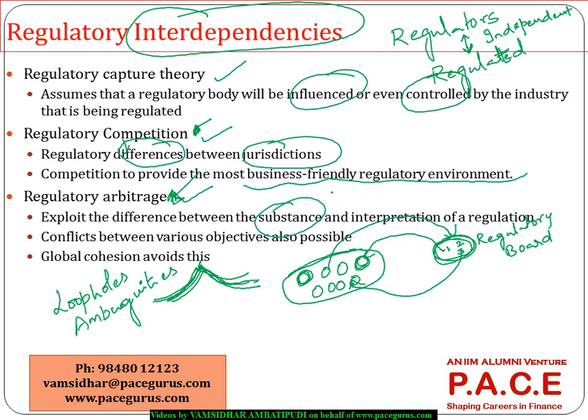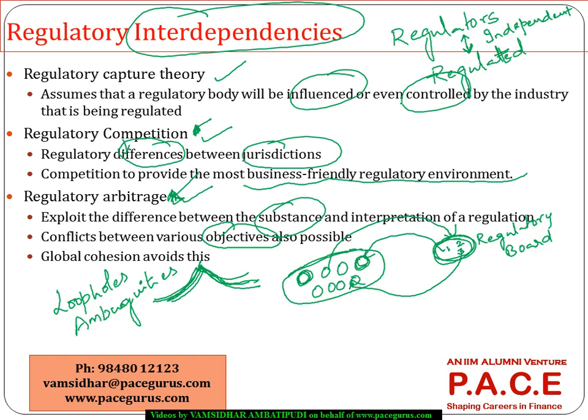What is written as a part of the regulation and what is interpreted out of it, people try to take advantage of. And in some cases, people try to use the regulation where it is more and more liberal, especially if there is a possibility of going with two different regulations in two different states or countries. In case the regulation is more liberal in one country compared to the other, people try to take advantage by relocating into that country or state where the regulations are more liberal.